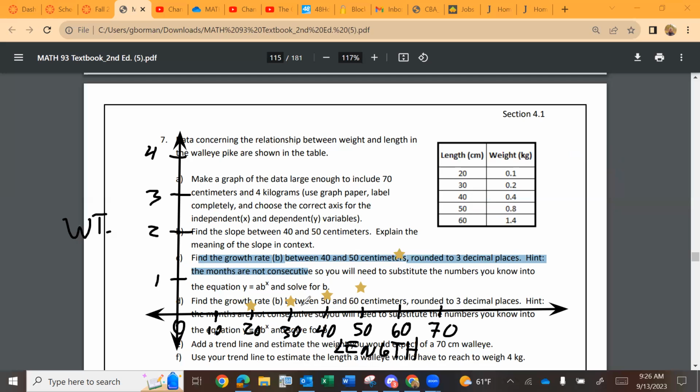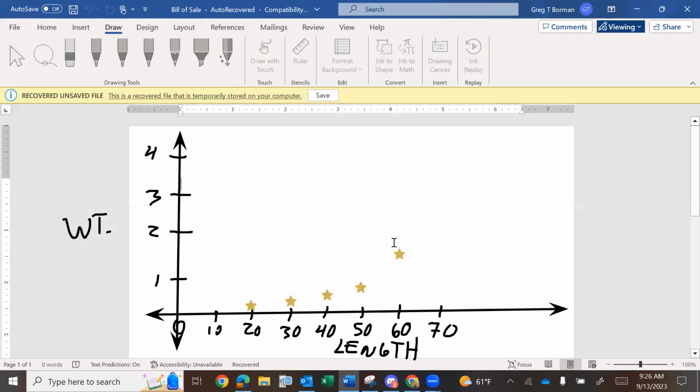For that, I want to go back to the other screen so I have a little more room. Because the x values are not consecutive, we're going to have to use the basic formula for an exponential function. All righty then.